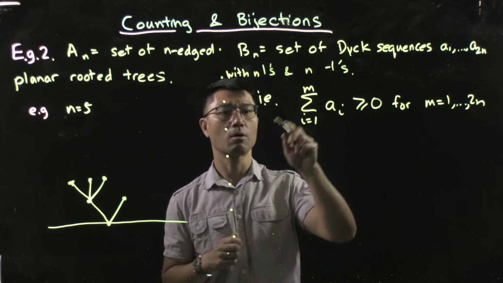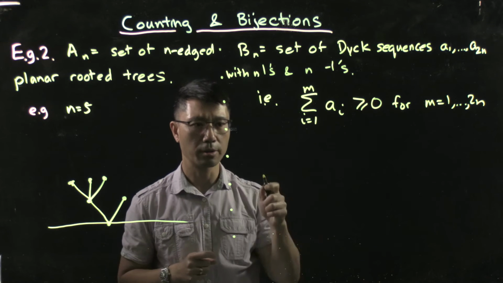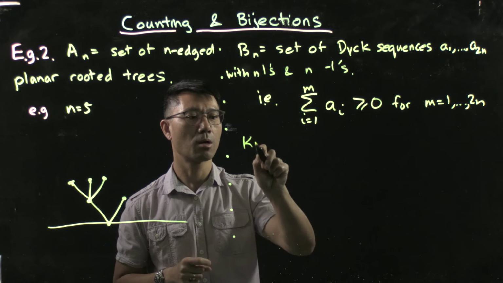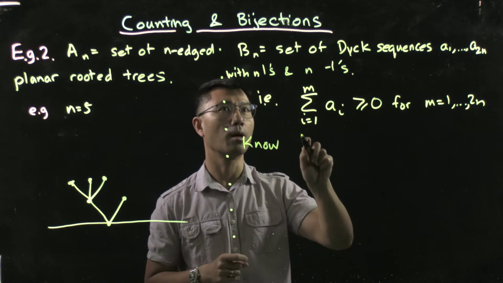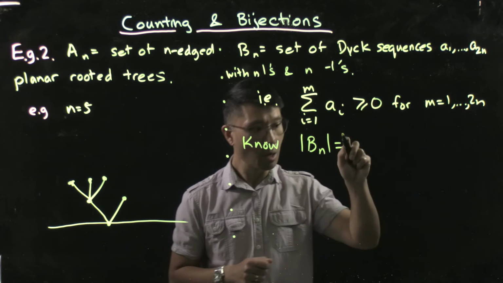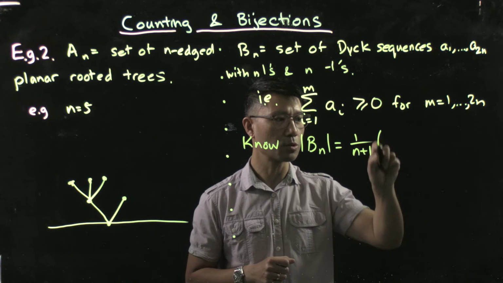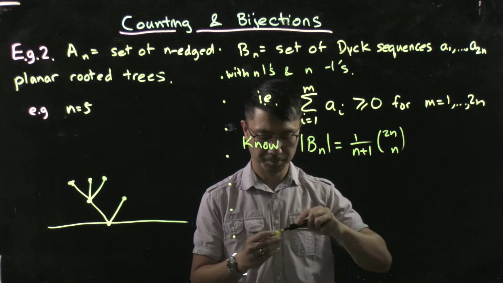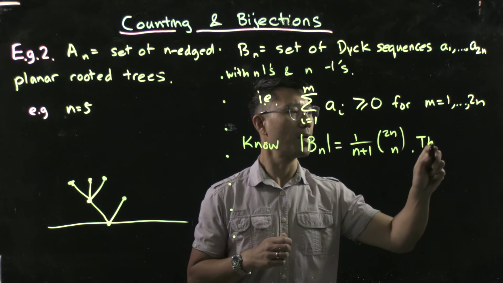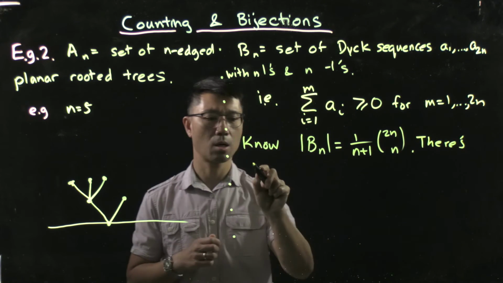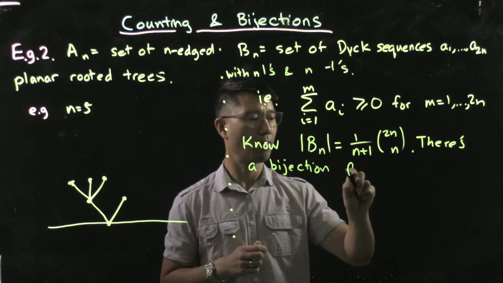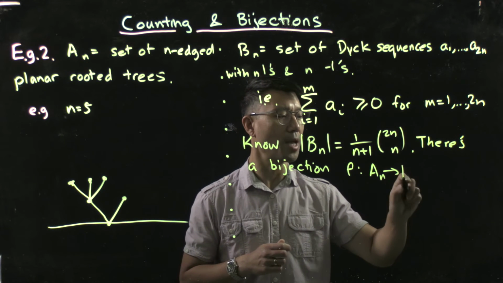From the activity sheet on Catalan numbers, we know the cardinality of Bn is equal to the Catalan number 1 on n plus 1, 2n choose n, and there's a bijection f from An to Bn.